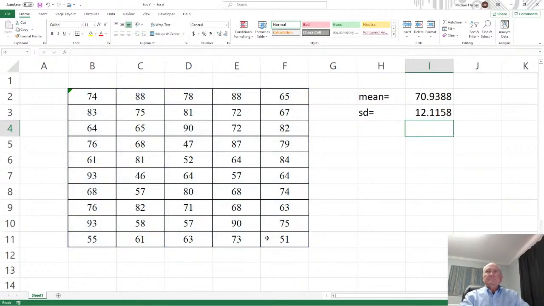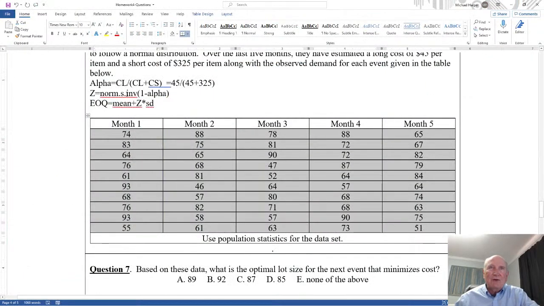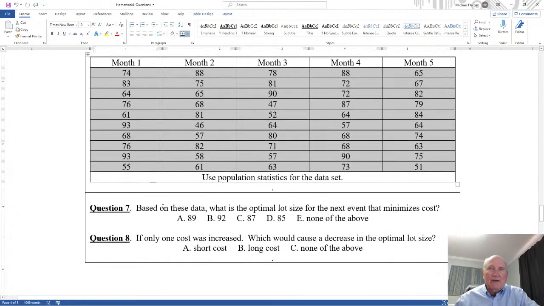And there you go. I encourage you to actually go into Excel and do this just to see how to do it. So I'm easing into using Excel here. Now we know what our mean and standard deviation are, and you put them in here to get the value.